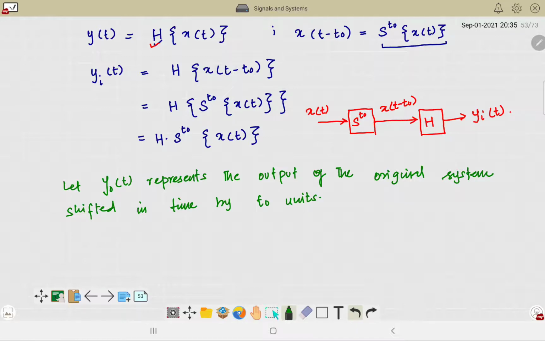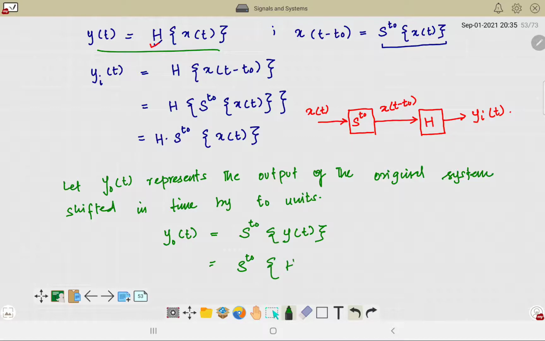In other words, I have defined y subscript o of t as S superscript t naught acting upon my conventional output y of t, which is this. Again, I can do some substitution. So this is the shift operator acting on y of t.